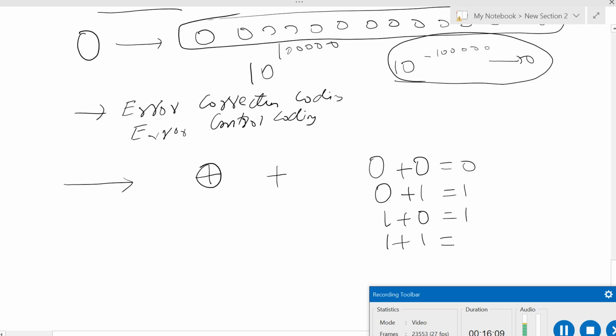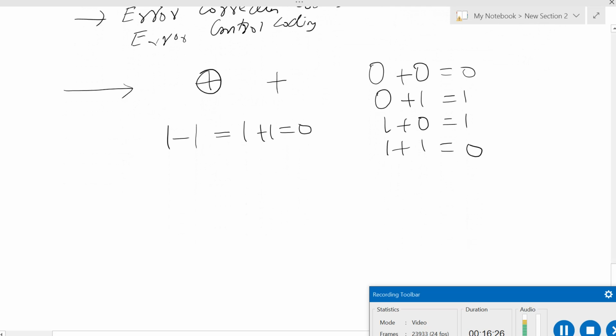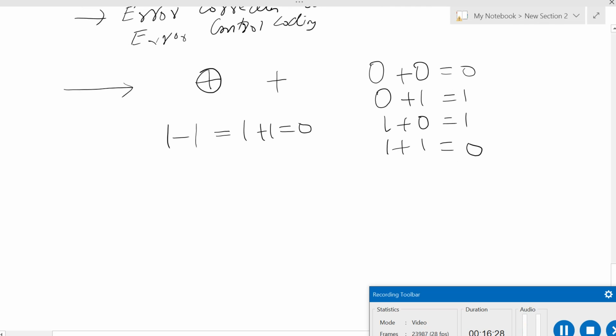But 1 plus 1 is 0. And in binary, 1 minus 1 is the same as 1 plus 1, which is 0. That is the difference in binary arithmetic, and we will need this arithmetic very often.